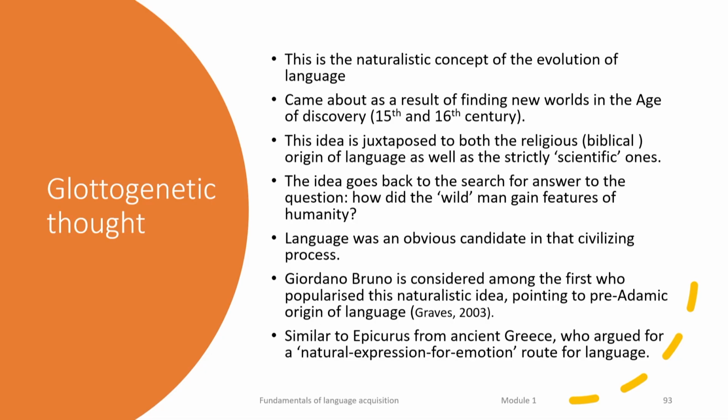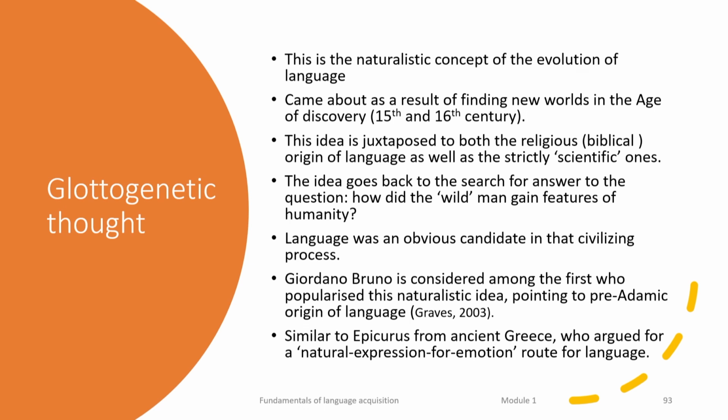So, Giordano Bruno is one of the first who popularized this idea that the origin of language could be pre-Adamic. This idea was not new during Bruno's time. It was there since ancient times.